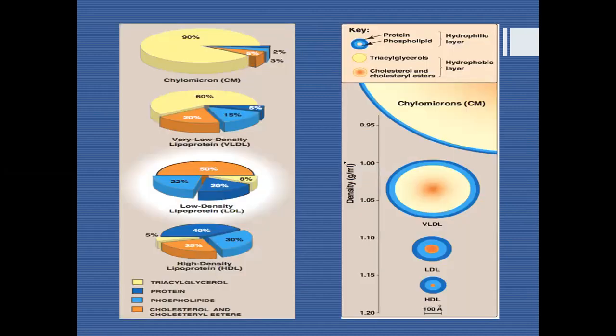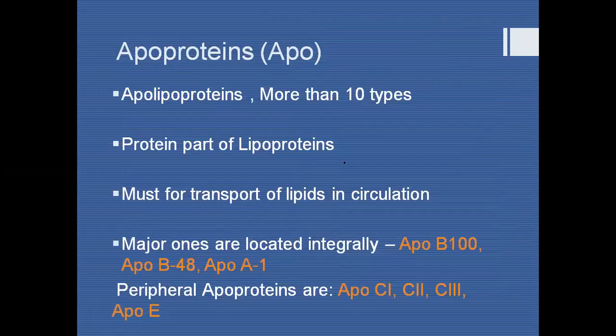In the same way, a pie chart has been shown, showing the composition of various lipoproteins. Now coming to the protein part, which is known as the apoprotein or apolipoprotein. There are many varieties, more than 10 types of protein identified in the structure of lipoprotein, but we have to remember mainly 3 to 4 varieties, as they are a must for transportation of lipids in the circulation.